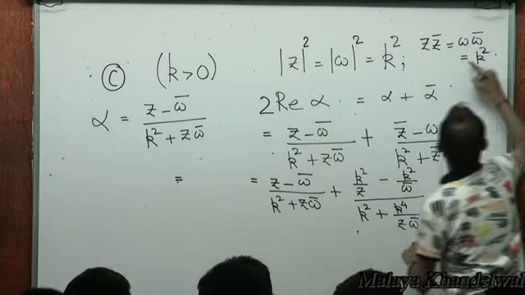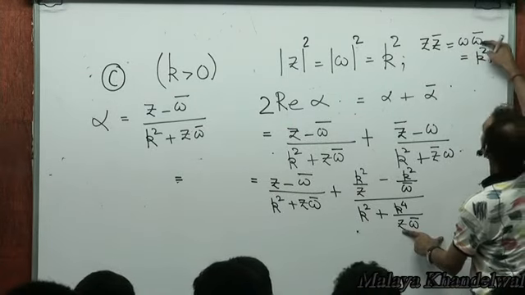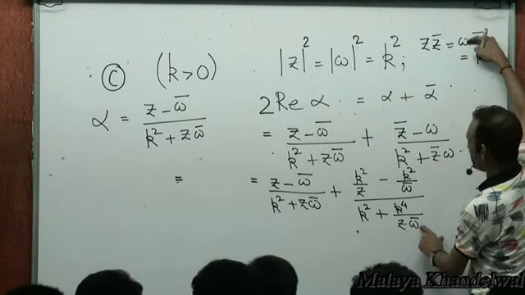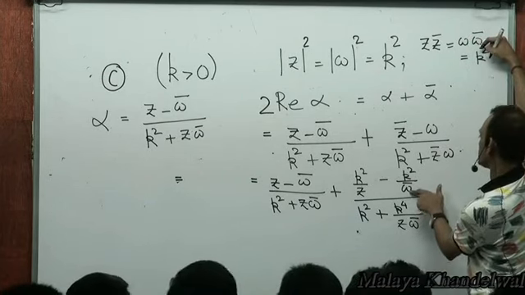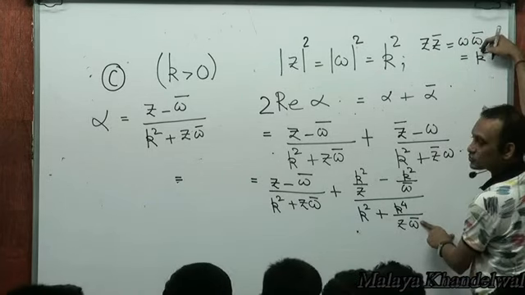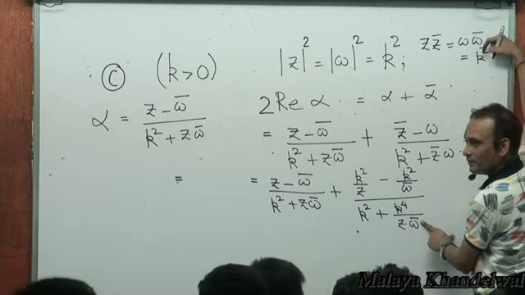See, this z bar I wrote as k squared by z, this omega I wrote as k squared by omega bar. This is what I did here. I hope you realize whatever I have done here, right?